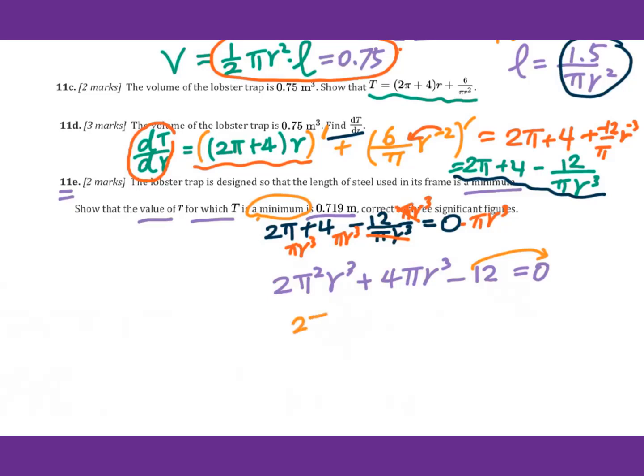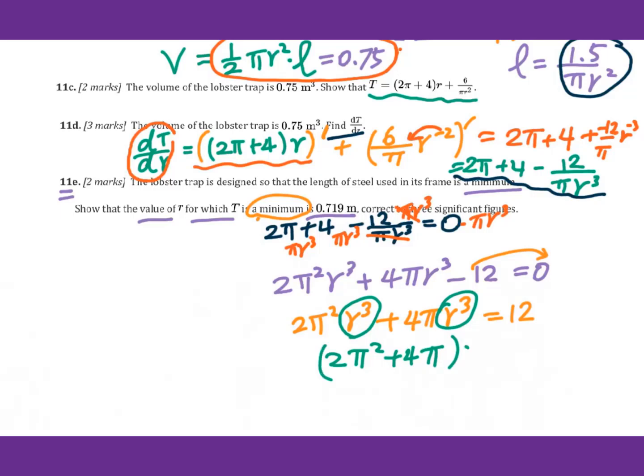You will get 2 pi squared r to the third power plus 4 pi r to the third power equals 12. Then factor this r to the third power. You will have 2 pi squared plus 4 pi, times r to the third power, equals 12. Then you divide by 2 pi squared plus 4 pi, both sides.